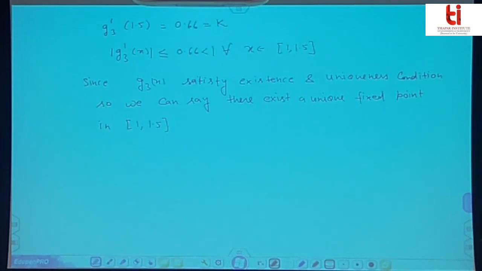Here we have the choice to reduce the interval 1 to 2, but it is not always possible. Whenever you have to check whether we can reduce the interval or not, you have to check the nature of the function. Is the function continuously increasing or decreasing? If so, then we check the function value at the endpoints. If the endpoint values lie inside the interval, then we say there exists a fixed point inside the interval.